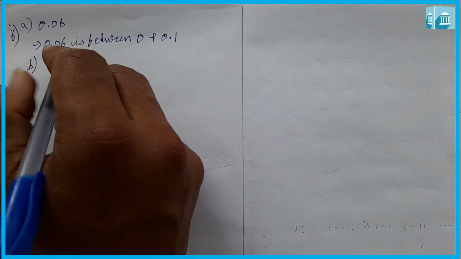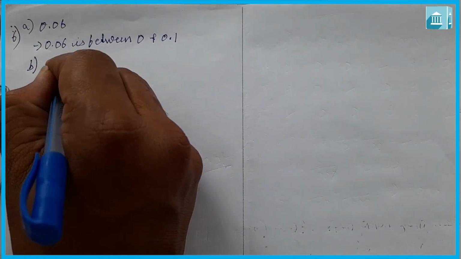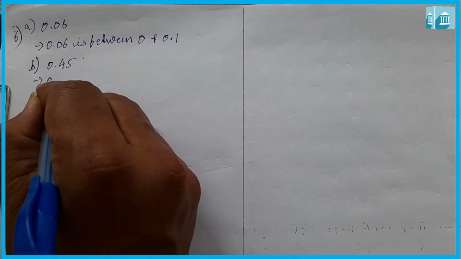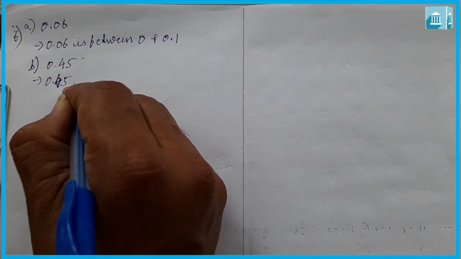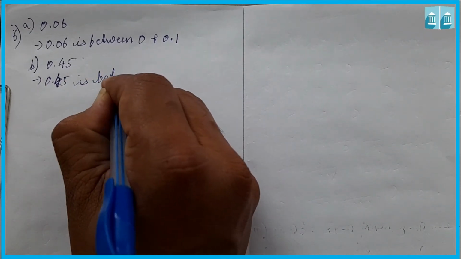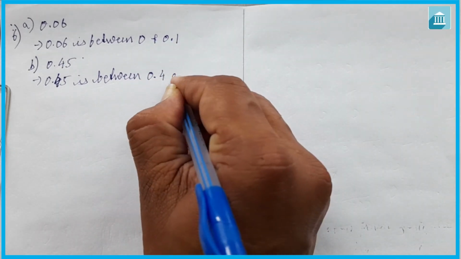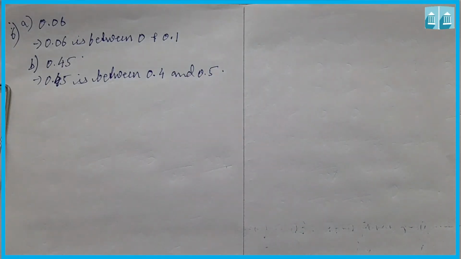Here B is 0.45. 0.45 is between 0.4 and 0.5. So in the same way you can do the others also.